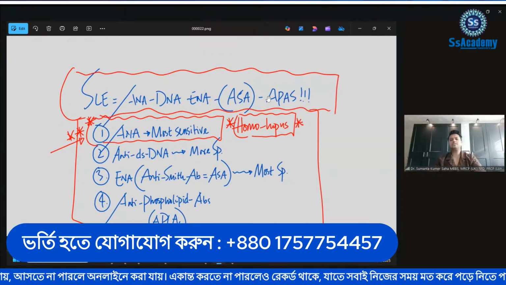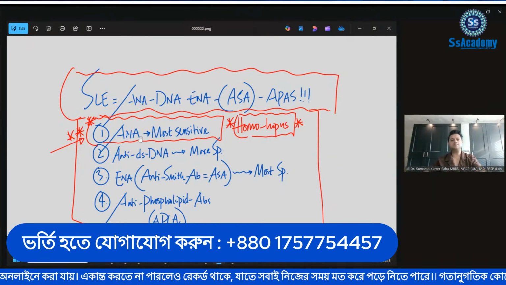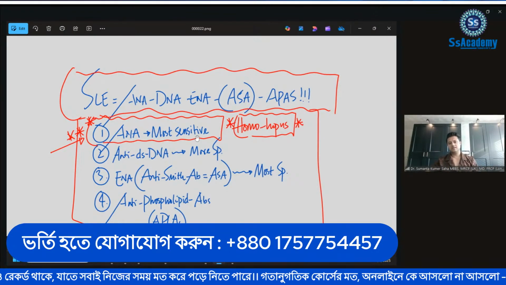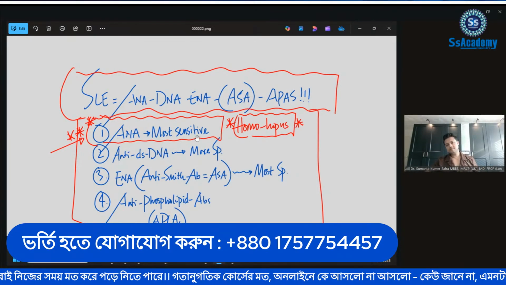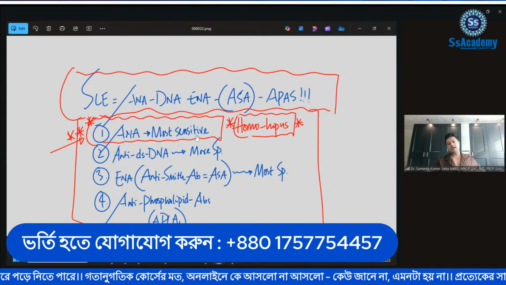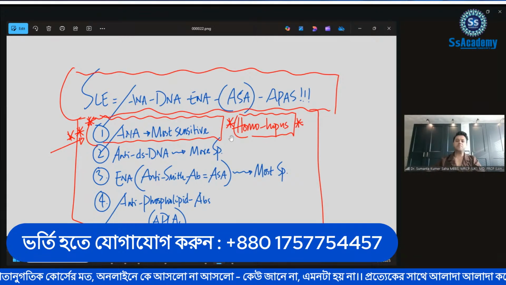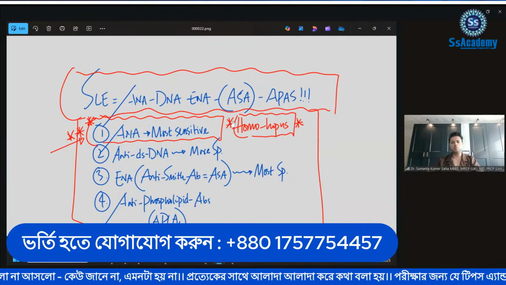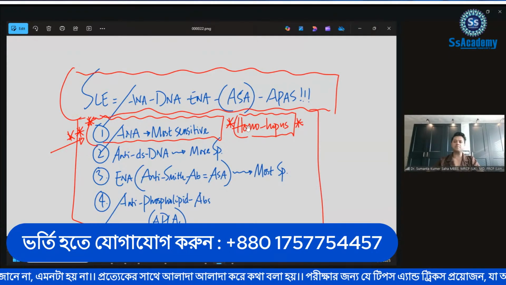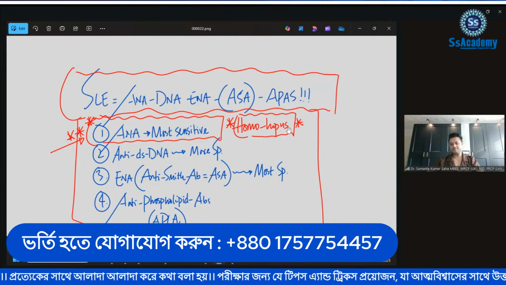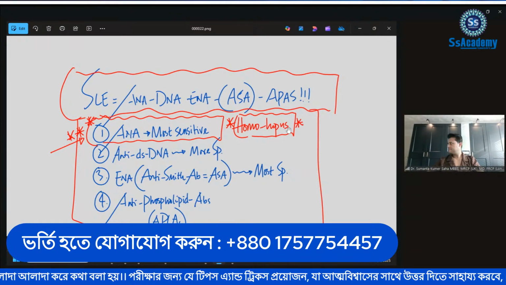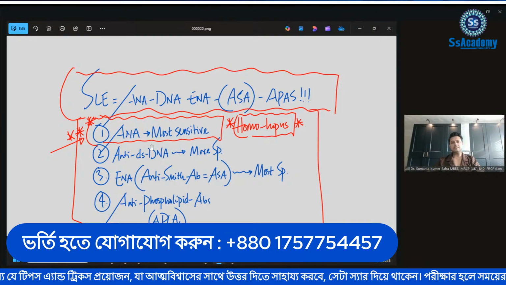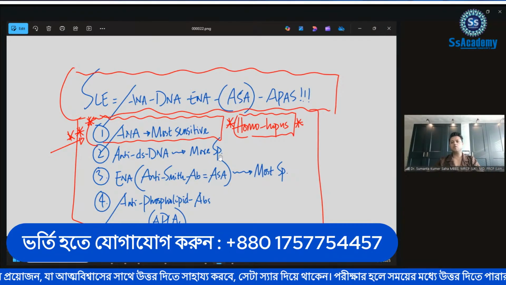What does ANA really mean? ANA is the most sensitive antibody. Can you write down, this is an important message? And ANA staining pattern: can you write down homogeneous? Can you remember? Homogeneous staining pattern is lupus, my dear. Anti-dsDNA means double-stranded DNA antibody, which is a more specific antibody.